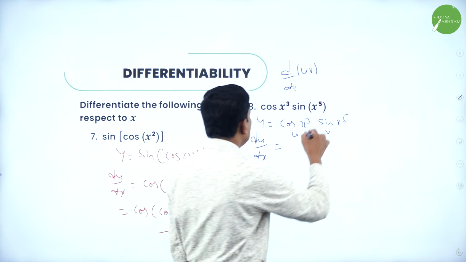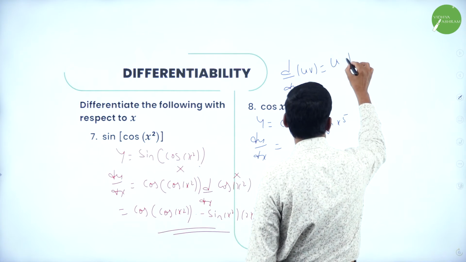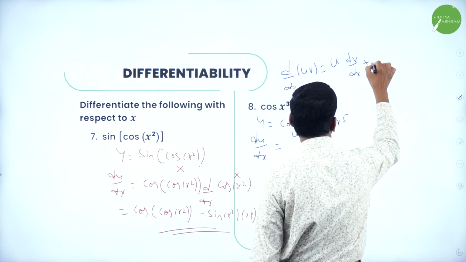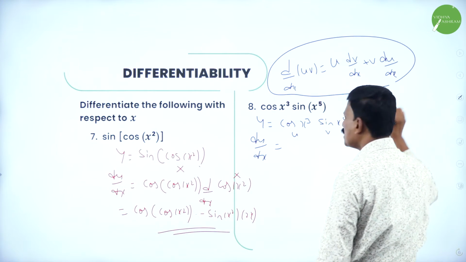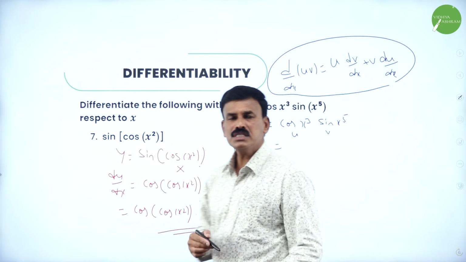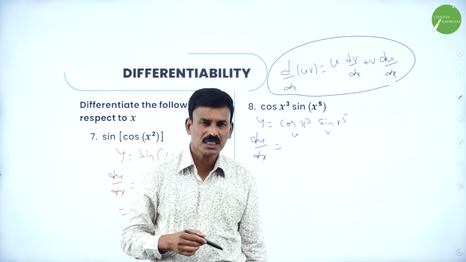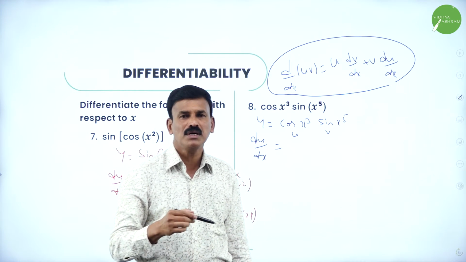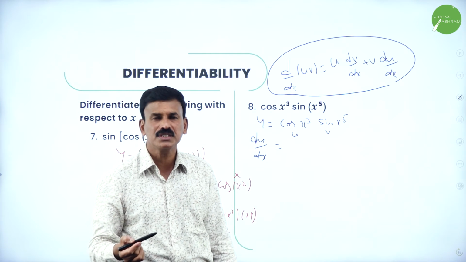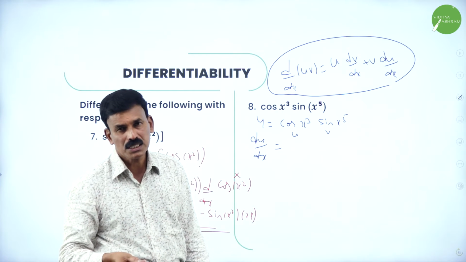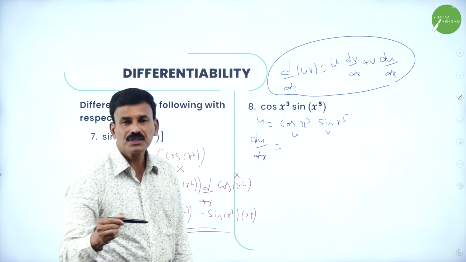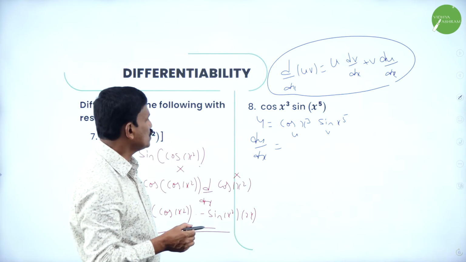D by dx of uv is equal to u into dv by dx plus v into du by dx. What is product rule? The derivative of first function into second function can be written as first function into derivative of second function plus second function into derivative of first function.